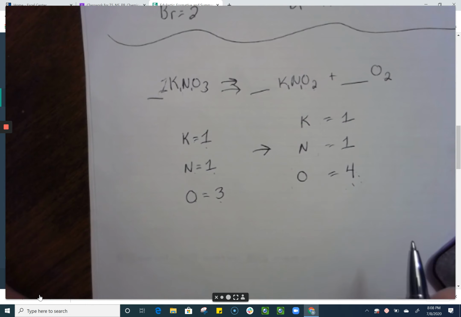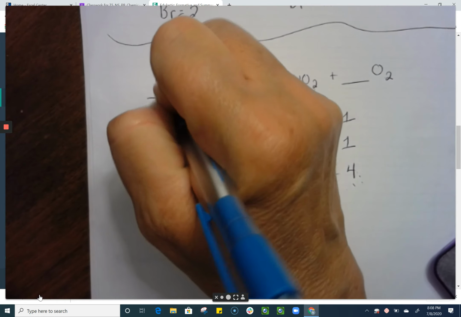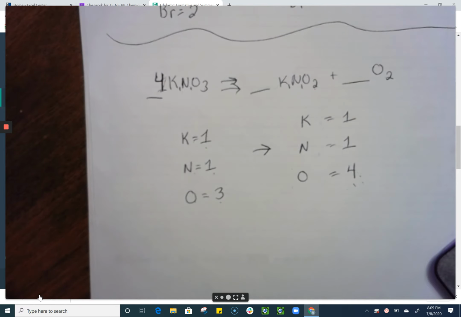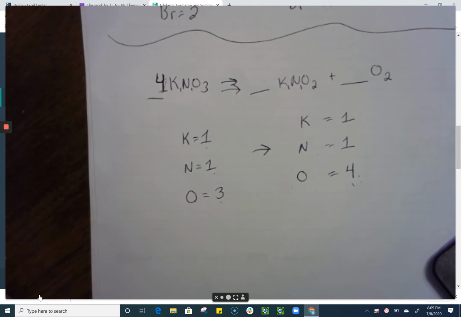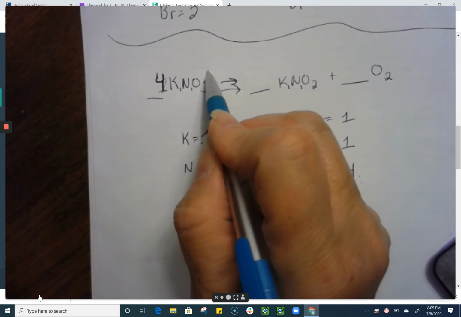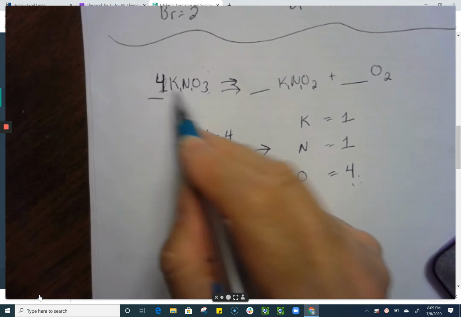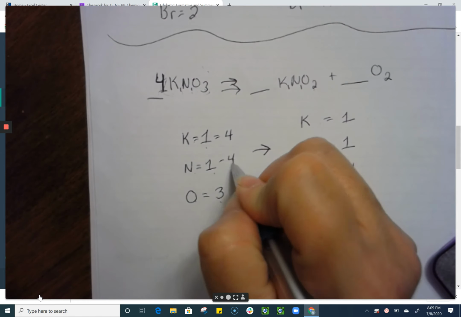Now, that's one way to do it. So to get 12 oxygen, I'm going to have to put a 4 right there. And when I put a 4 there, that means it quadruples all of this. 4 times 1 becomes 4. 4 times 1, I have 4 nitrogen now.